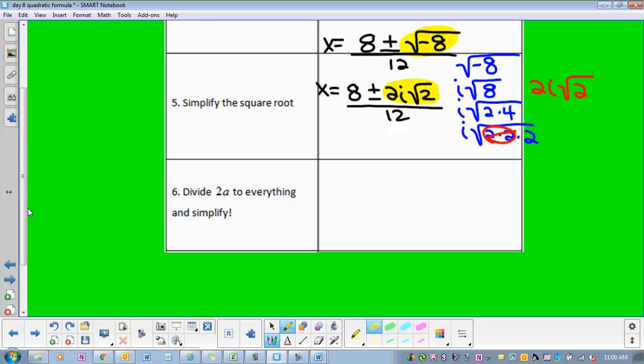So then step 6 says divide your 2a to everything. This is where we break it apart, right? So I have x equals 8 plus or minus 2I root 2 all over 12. That means this guy gets an over 12 and that one gets an over 12.